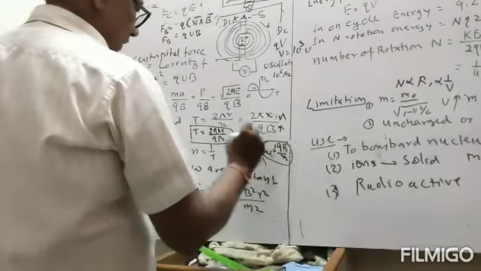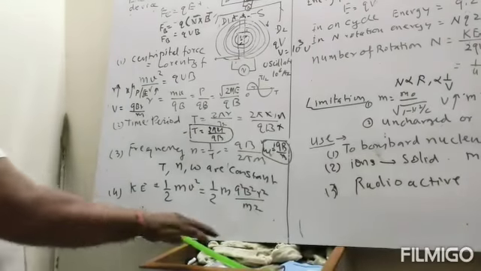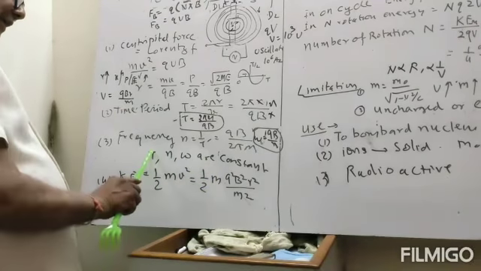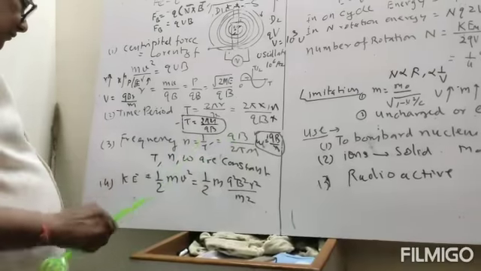So we say that omega, T and f are all constant. They don't depend upon the velocity and the radius.